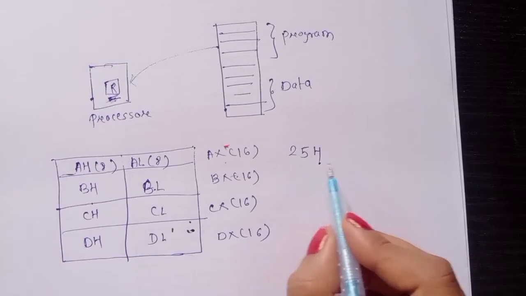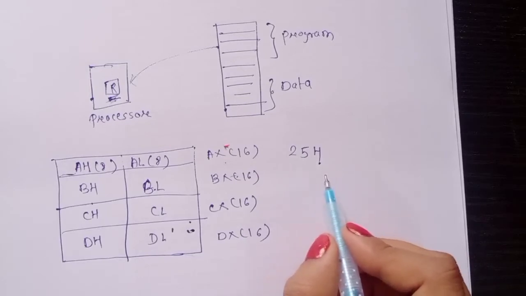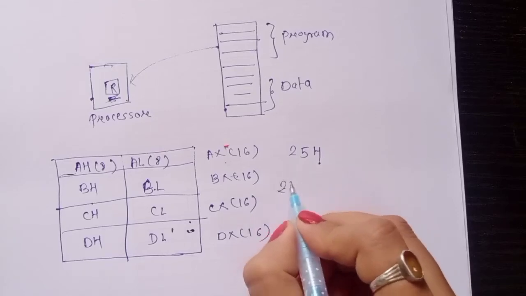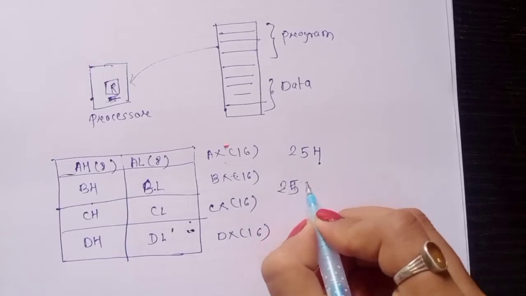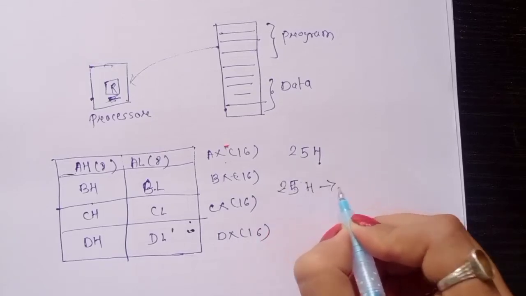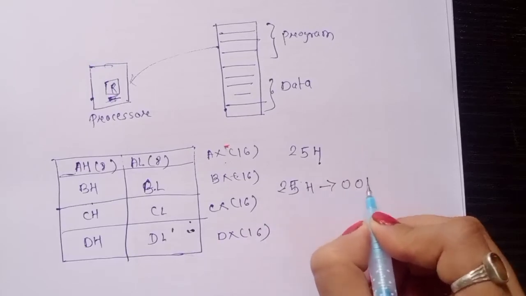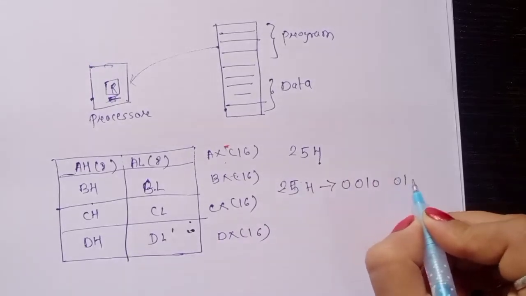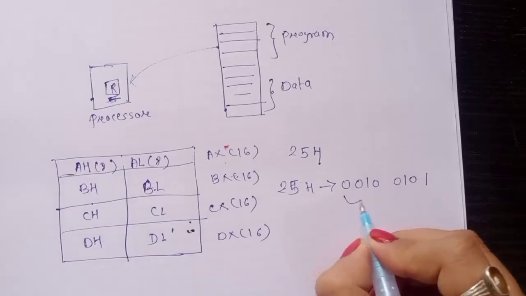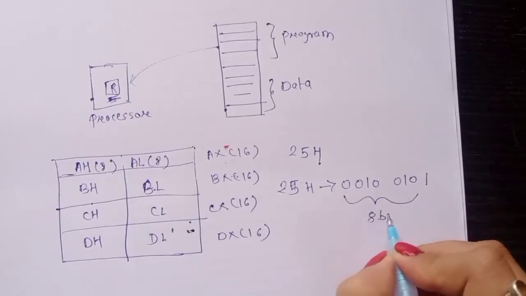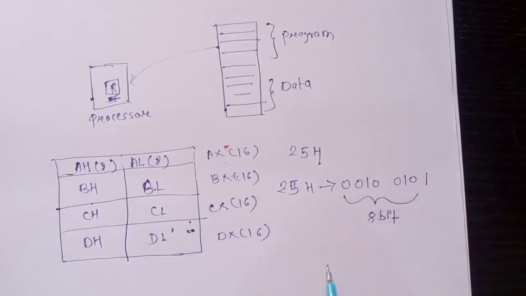We don't write binary numbers because it is complicated to write zeros and ones, but still we will write this. So this 25H can be written as 00100101. This complete thing is an 8-bit number.